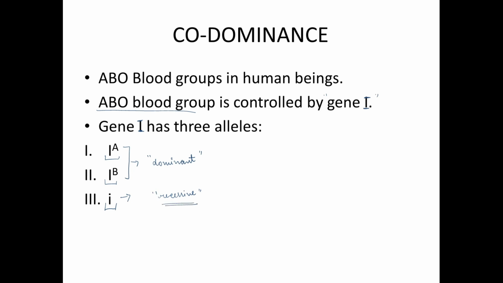Now let's just understand this ABO blood grouping in more detail. Plasma membrane of RBC have sugar on the surface, right?